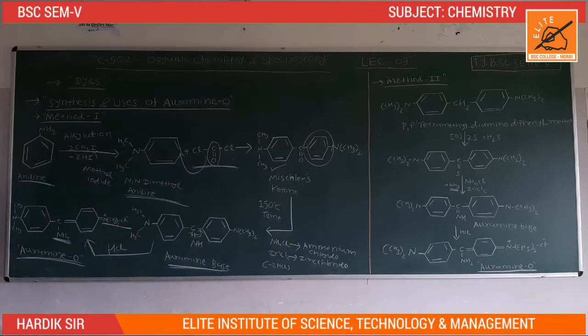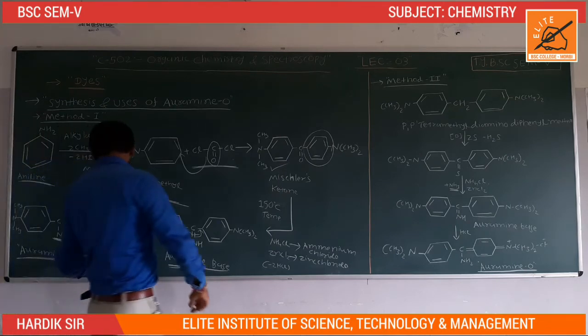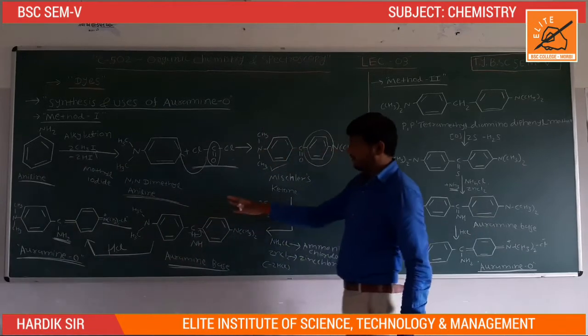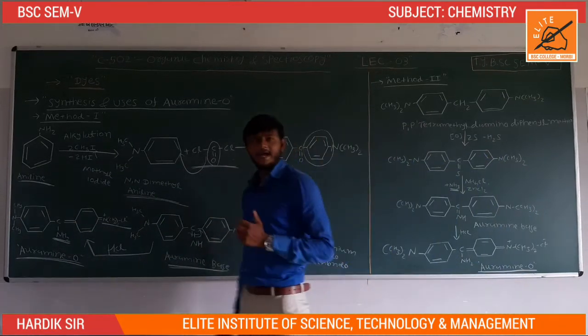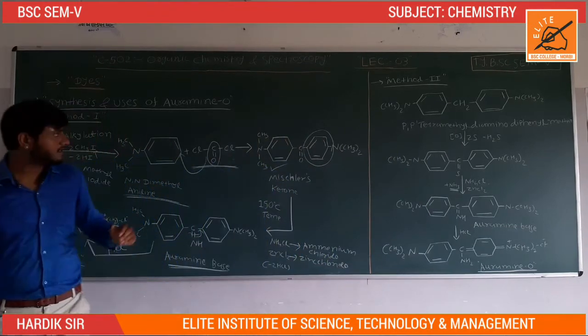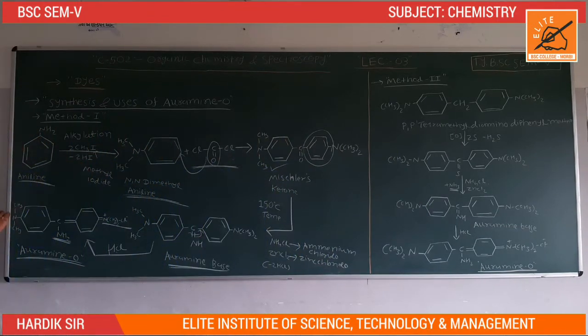This is the chloride salt, and the other part is a nitrogen with 2 methyl groups, to produce our final product auramine O. This is the synthesis of auramine O. Auramine O is also a dye product. This is method 1.